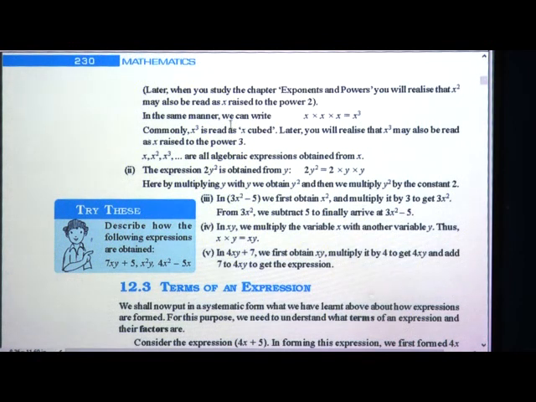In the same manner, we can write x into x into x, or x multiplied by x multiplied by x. How will we read it? x raised to power 3. If it is multiplied 4 times, then it is x raised to power 4. Here x raised to 2 means x square.